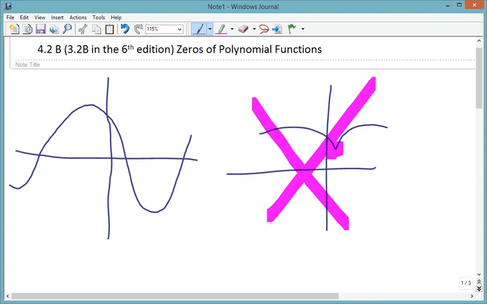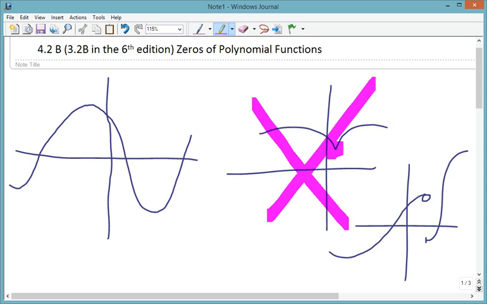It would also not look like this, where it's not continuous, where there's a jump. That would not be a polynomial function. It's a smooth and continuous function.